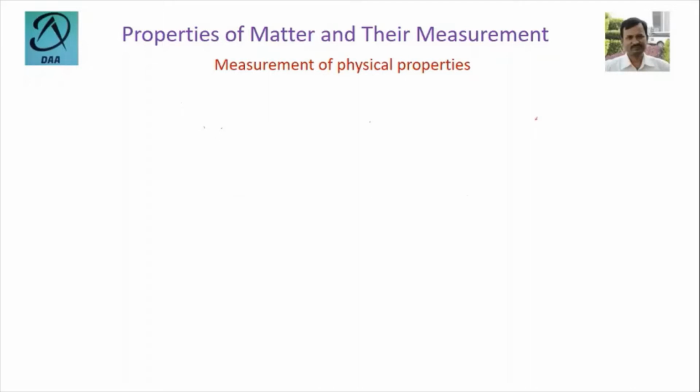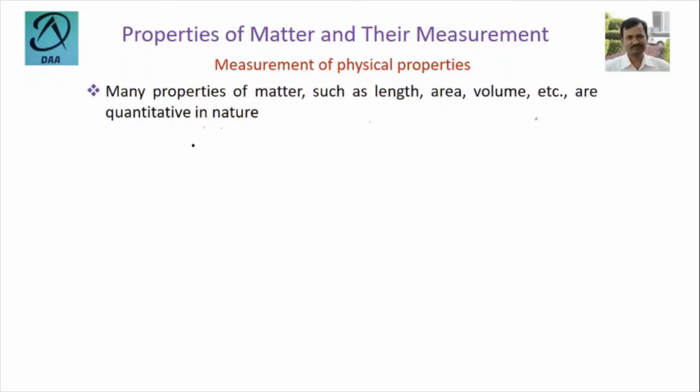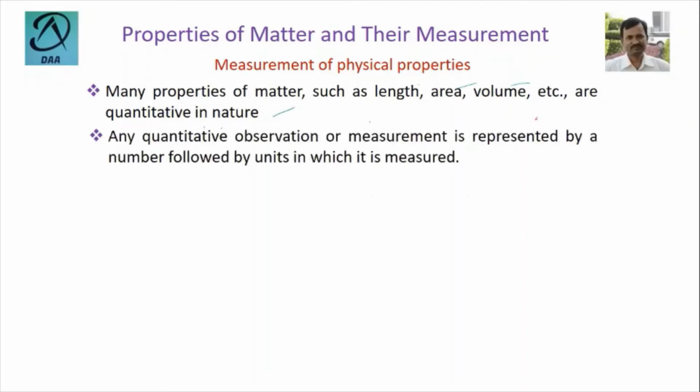Now, measurement of physical properties. Many properties of matter such as length, area, volume, etc. are quantitative in nature. Any quantitative observation or measurement is represented by a number followed by units in which it is measured. That means that measurement will have one number, and after that one unit needs to be added.